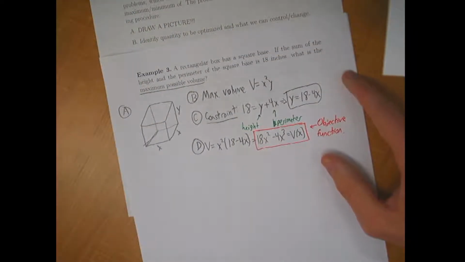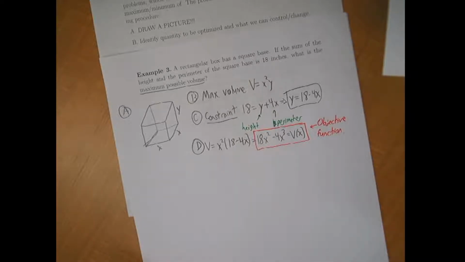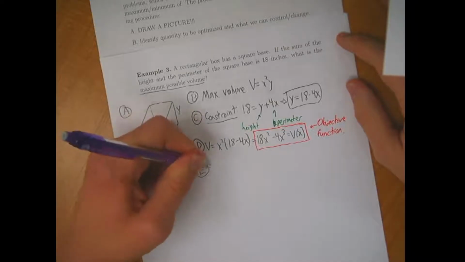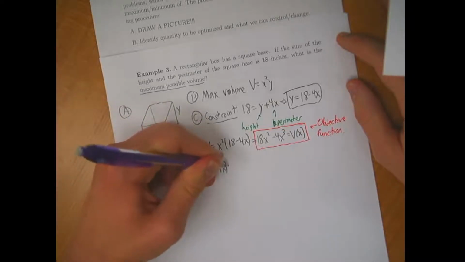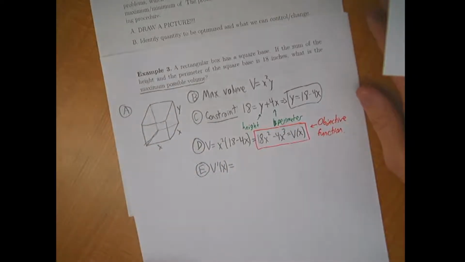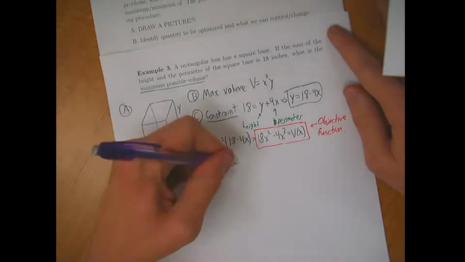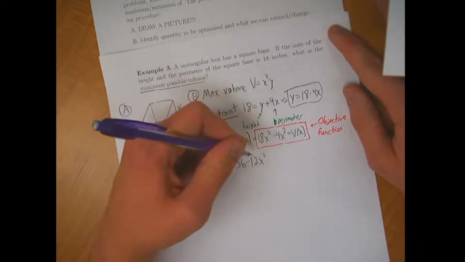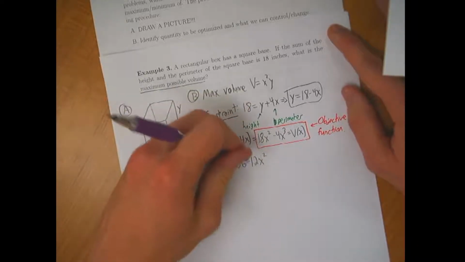Now moving on to E, if we differentiate this and set it equal to 0 and solve, a quick application of the power rule should pretty quickly tell you this is just 36x minus 12x squared. Sorry, 36x, my bad.